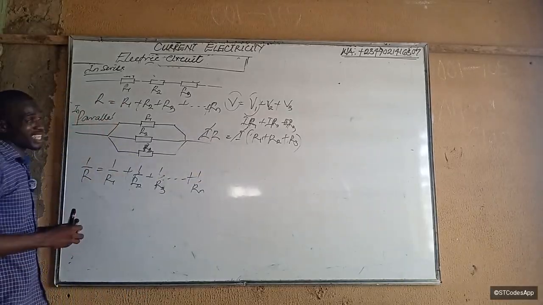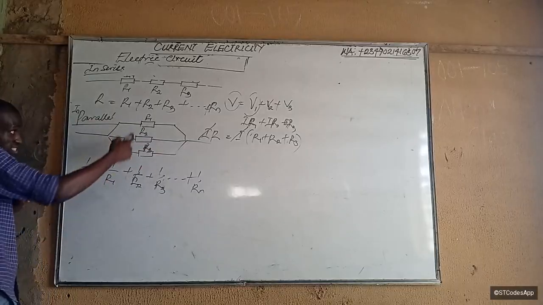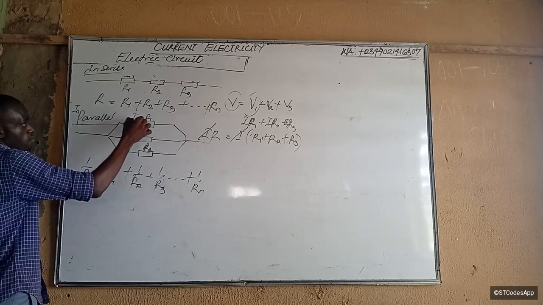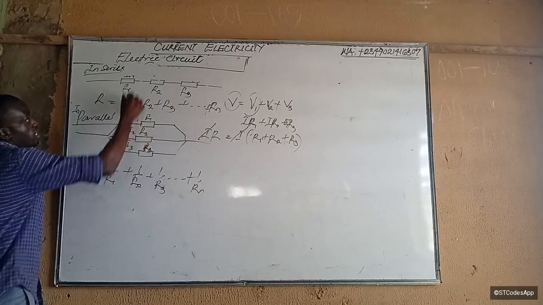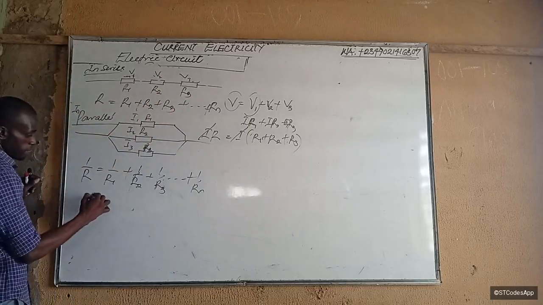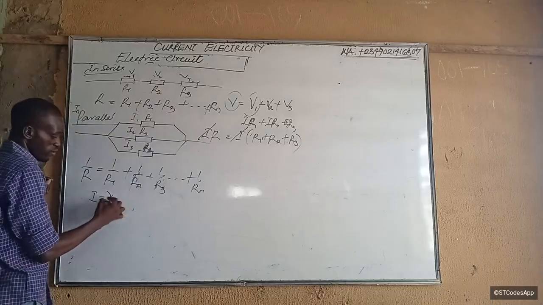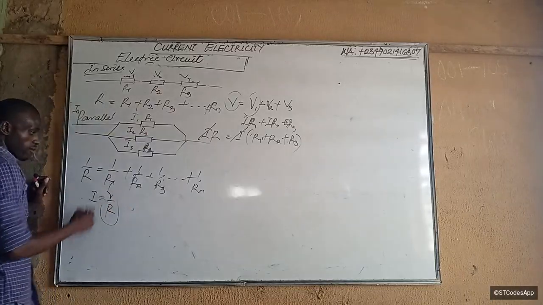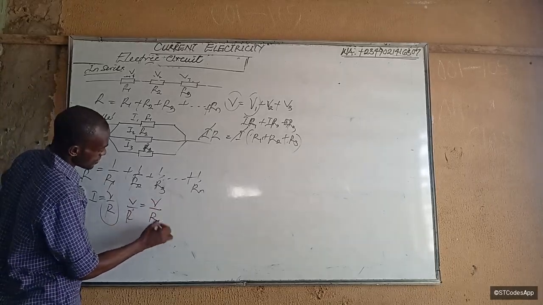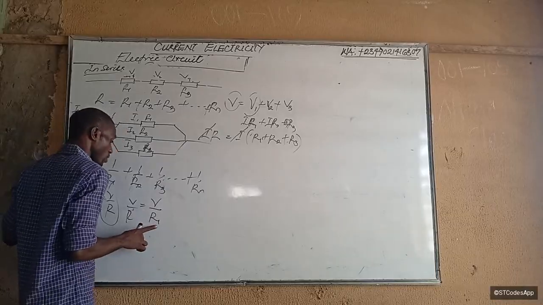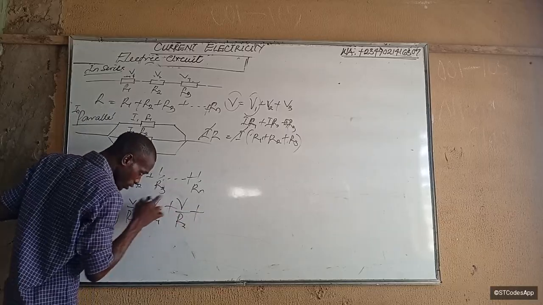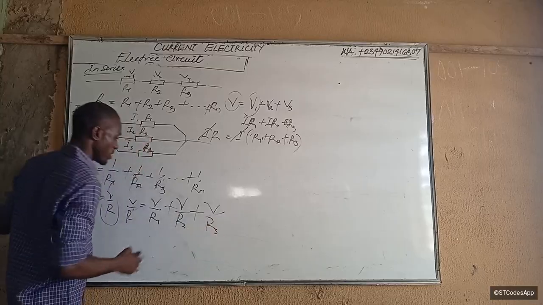But here in parallel, the current will be different while the voltage is the same. Current I1 will flow here, I2 here, I3 here, just like V is across each one. The total current is V over R, which equals V over the first resistor, plus V over the second resistor, plus V over the third resistor.